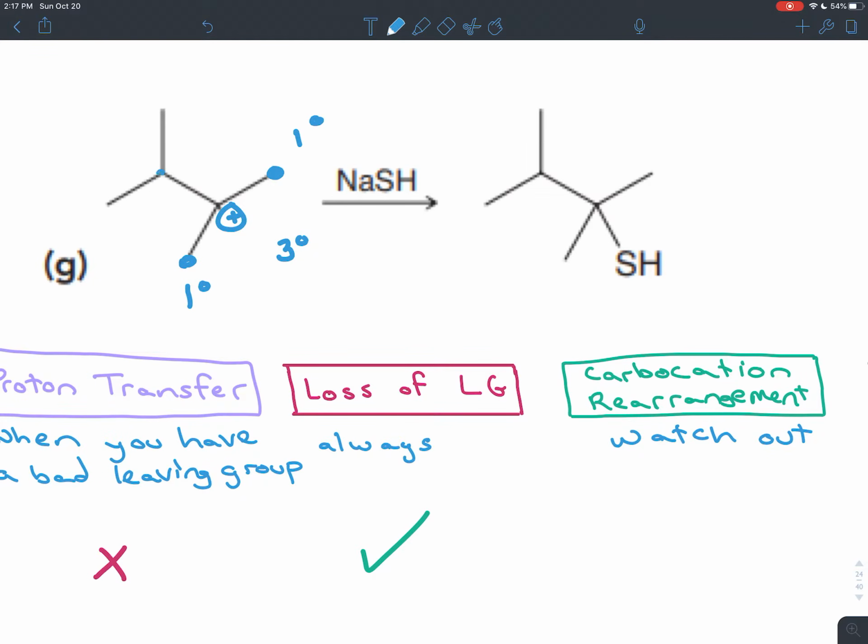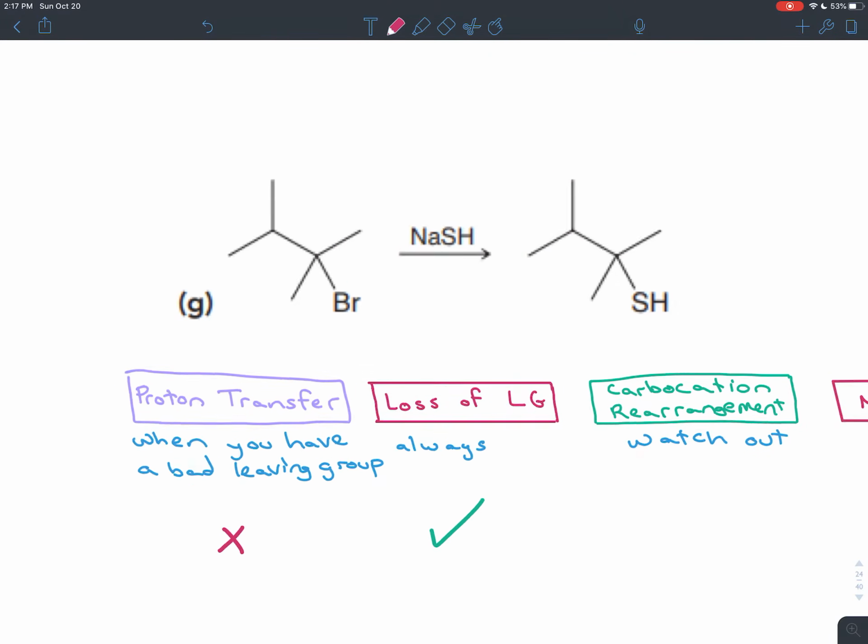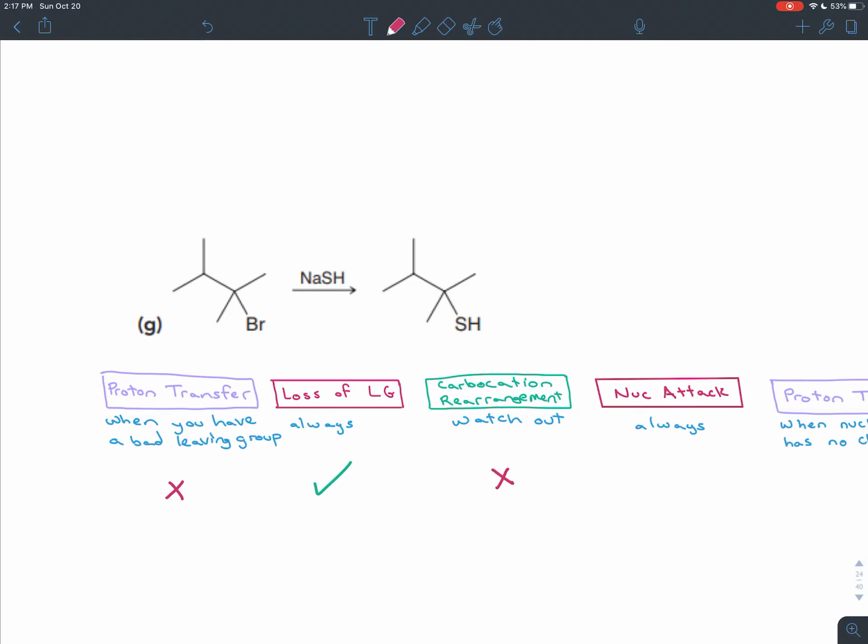Next door, you either have a primary, another primary, or a tertiary, 1, 2, 3. So no position next door is more stable than the position that the carbocation is already in. So there's no incentive to move, and there's no carbocation rearrangement. So we don't have to worry about the carbocation rearrangement here.